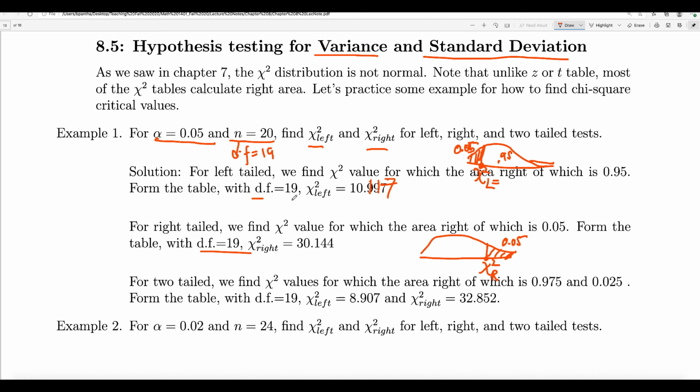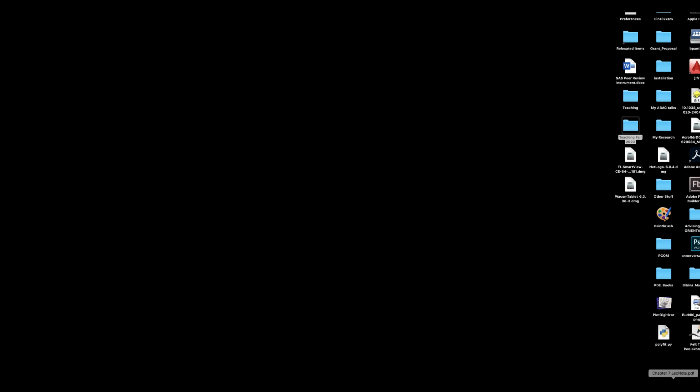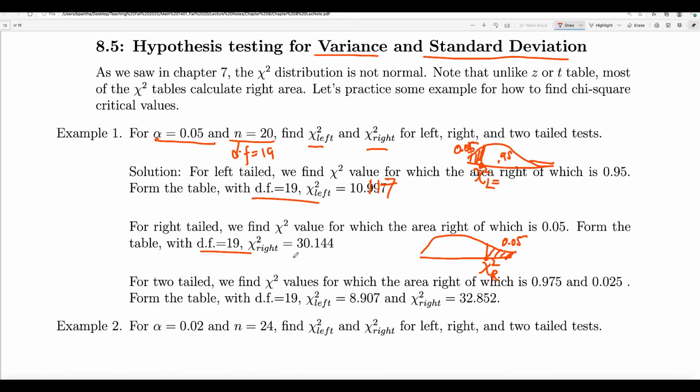Let us go to the table again. What do we get? The table gives us, for 0.05 and 19 degrees of freedom, 30.144. That's what we got.